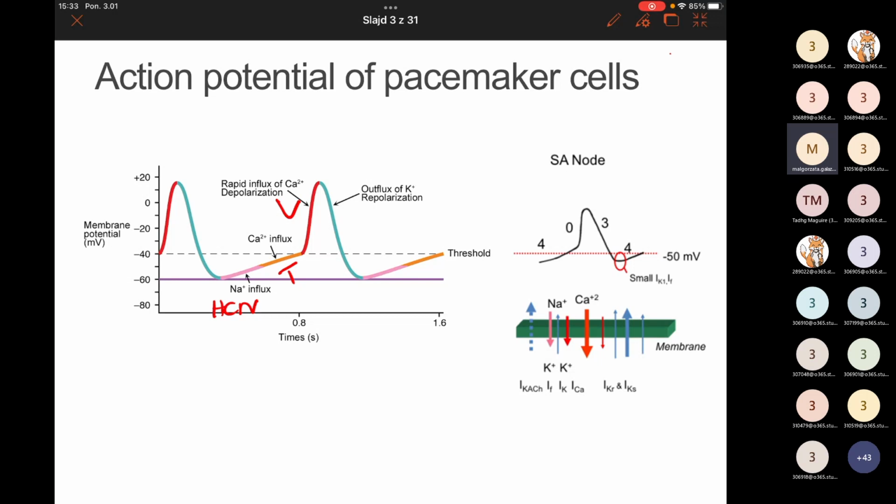After action potential generation, there is a rapid repolarization. The L-type calcium channels close, and then voltage-gated potassium channels open.